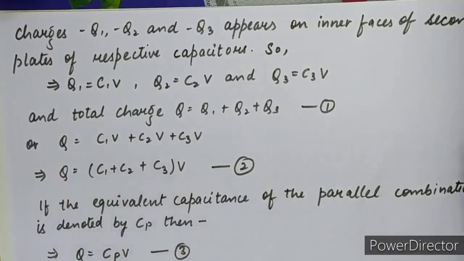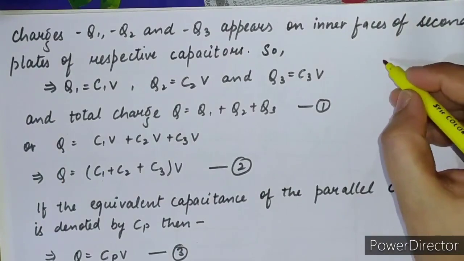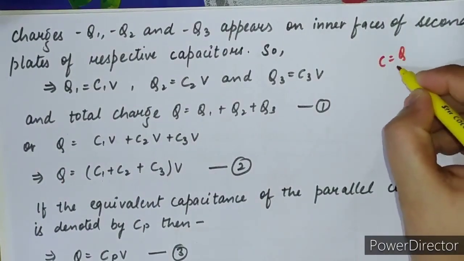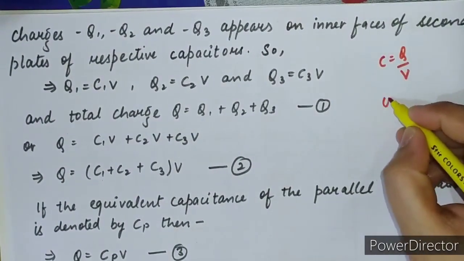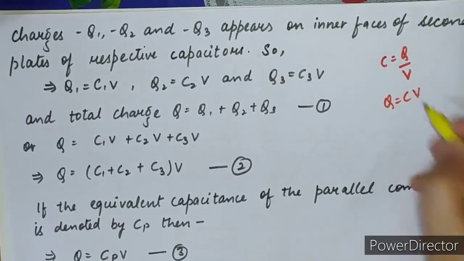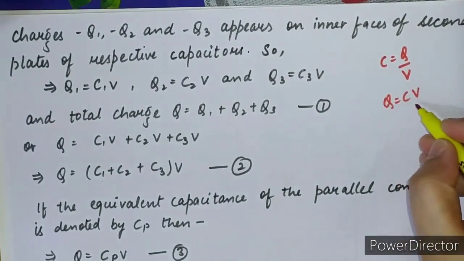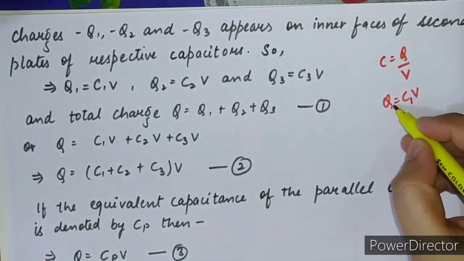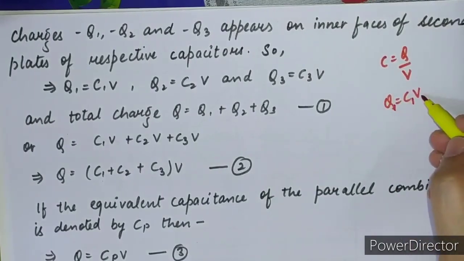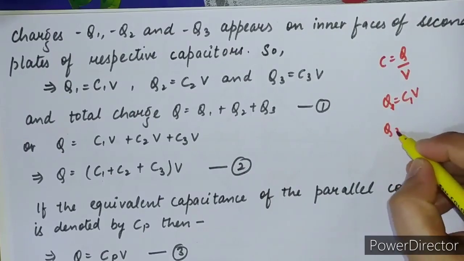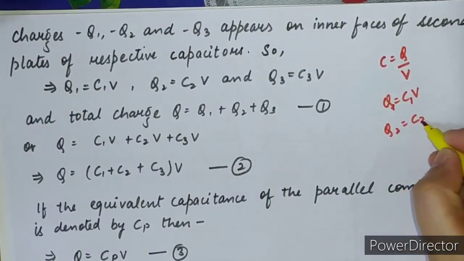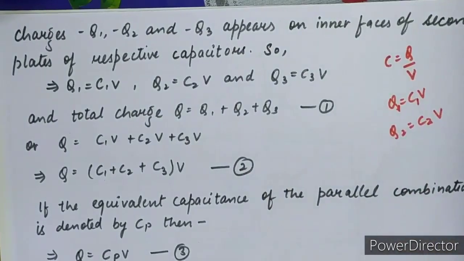As we know the formula of capacitance, C is equal to Q upon V, and from here Q is equal to CV. So for the first capacitor, the charge will be Q1 and V will be the same in the parallel combination. Similarly for the second capacitor, the potential will be the same.